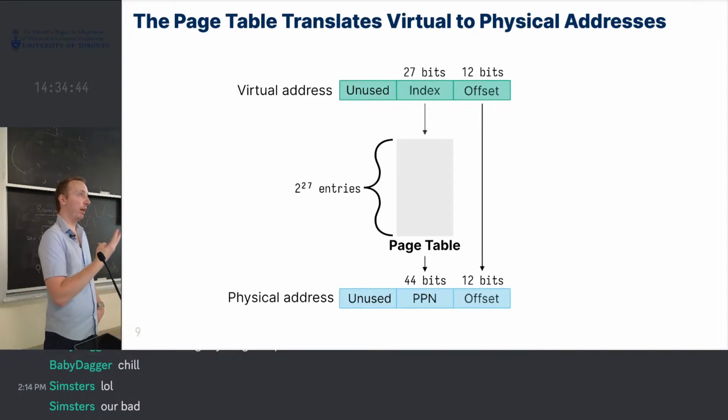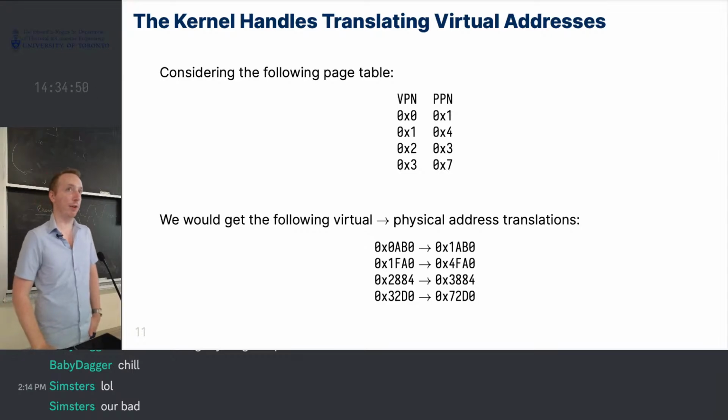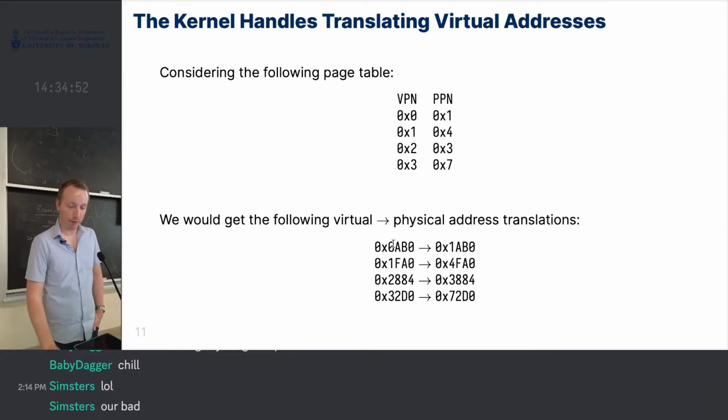So if there are 3 hex characters, then that represents the offset. So it also makes it easier to translate if you're using that page size. So if I'm translating an address like 0AB0, well, I can look at the 3 lower hex digits, AB0, and I don't have to translate them because they represent the offset, or where I am within a page.